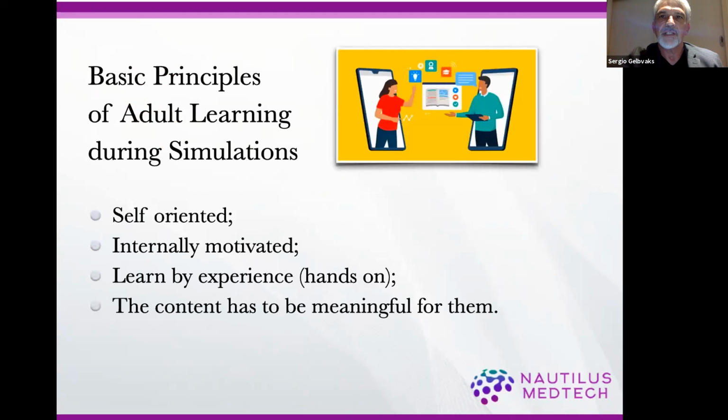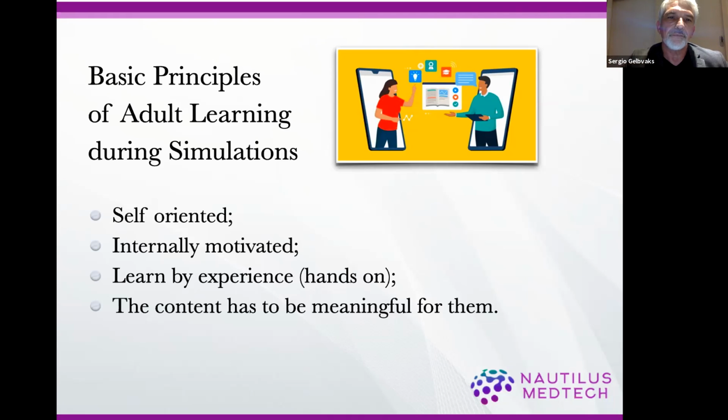So the basic principles that we used during simulation training follow the adult learning theories. In general, our students' audience tends to be self-oriented, internally motivated. They prefer to learn by experience, hands-on, and the content must be meaningful for them.